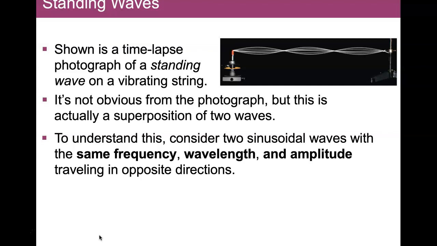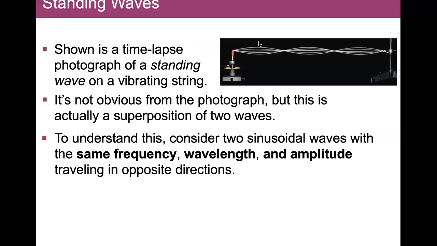So this is a photograph, a time-lapse photograph, so a whole bunch of snapshot figures of a standing wave on a vibrating string. So what is happening? Basically you have this pattern, right? And the whole pattern kind of gets flatter, goes down, goes up, right? Just looking at it, it doesn't look like anything is traveling.